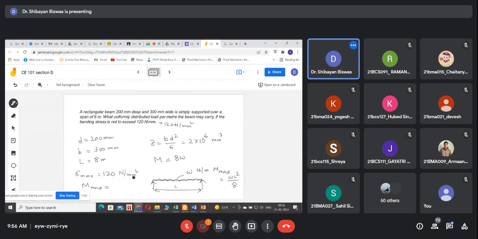So what will be the value? 2.4 into 10 to the power 8. Always say the unit, the unit is very important. Newton mm. So now what will be the value of W?